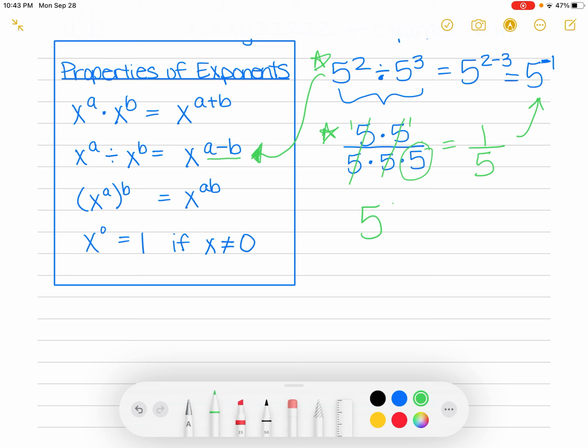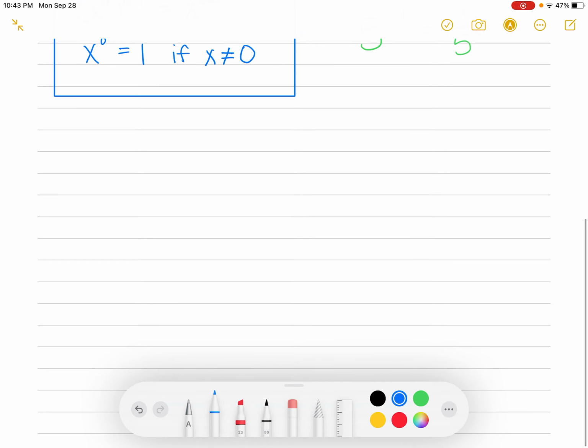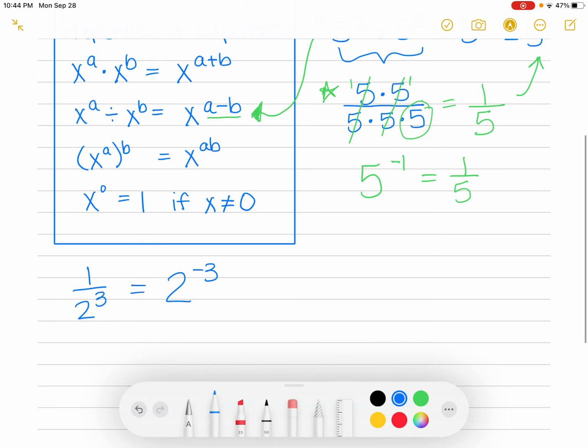That proves how negative exponents work. So if you have a problem like 1 over 2 cubed, you can also write that as 2 to the negative third power, or 2 to the negative cubed.